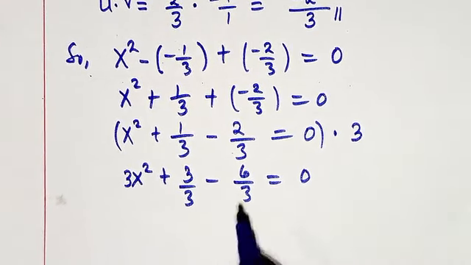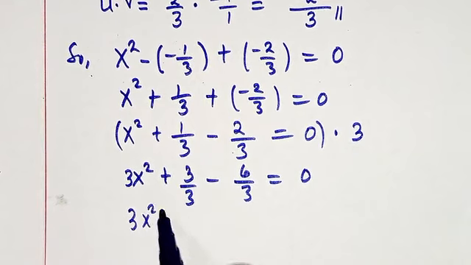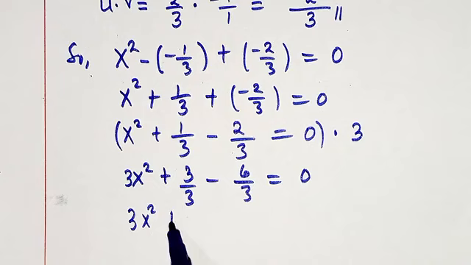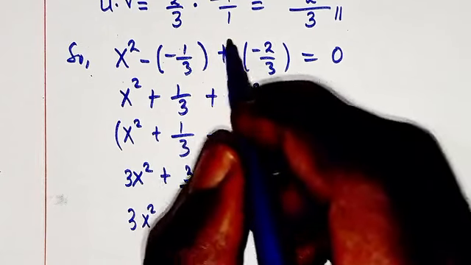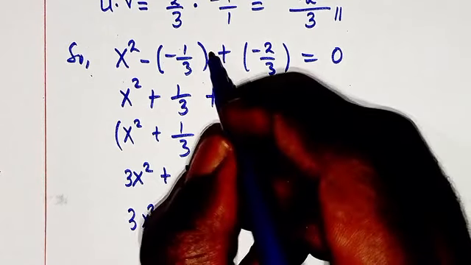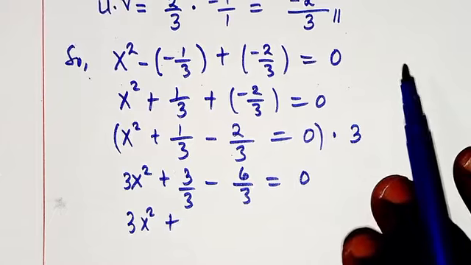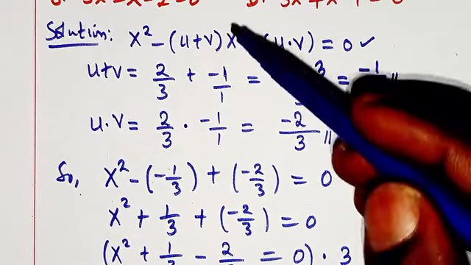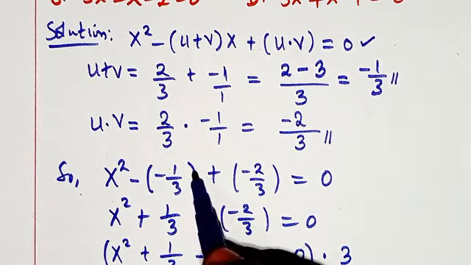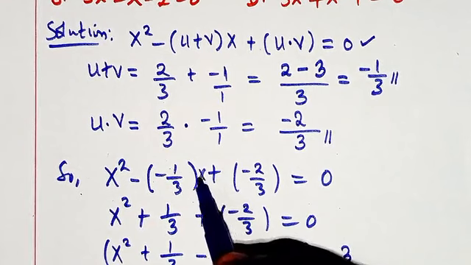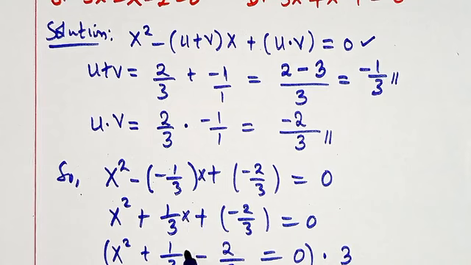So now lastly, we have 3x squared. Sorry, we have actually omitted x here. If you look at this, there's supposed to be x here, x here, x here.